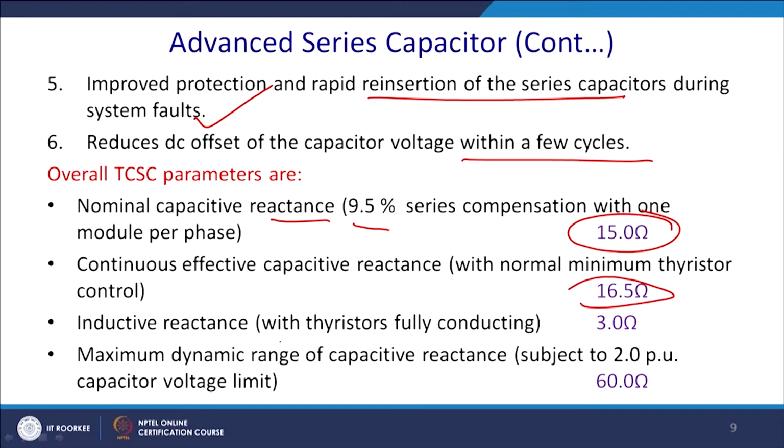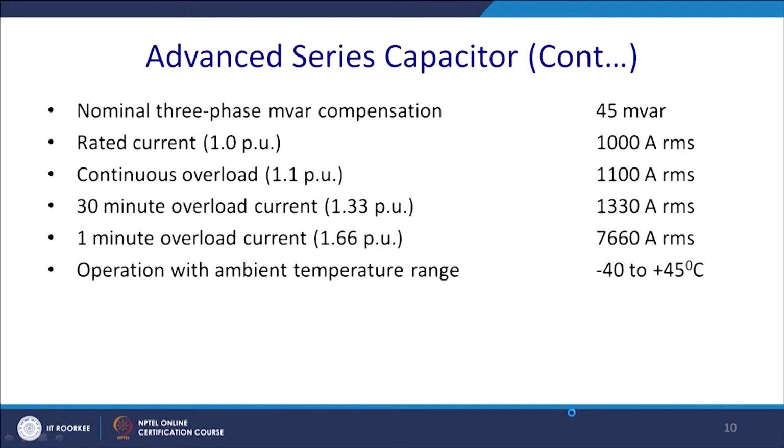Inductive reactance with the thyristor fully conducting is 3 ohm, and the maximum dynamic range of capacitive reactance is subject to 2 per unit of the capacitor voltage. This is the insulation limit that has been prescribed, and it can go to a capacitive reactance equal to 60 ohm. So, these are the ratings, and thus these are the advantages also.